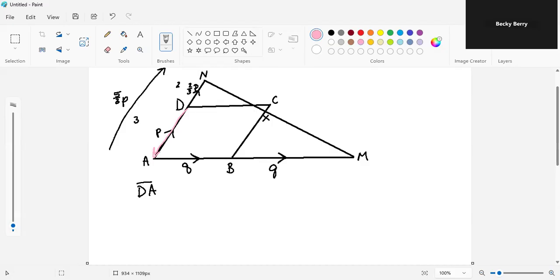So that's going to be a negative P. What about MA? Starting here and going along Q and then along Q again, but both in the opposite direction. So a negative Q and a negative Q, or a negative 2Q.